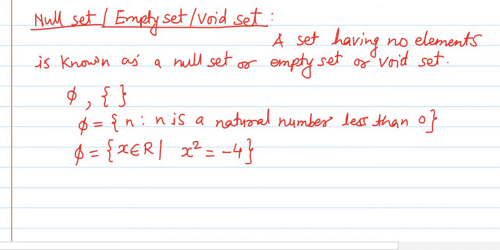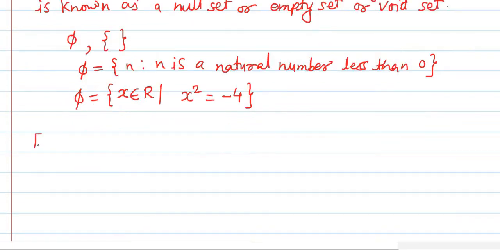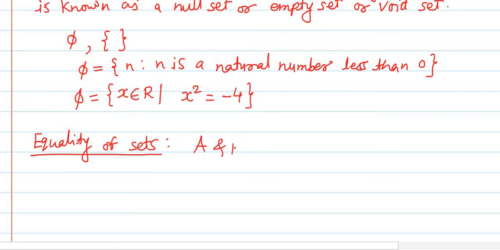Next one is the equality of sets. Suppose we have two sets A and B. Then we say that the sets A and B are equal if they have exactly the same elements.